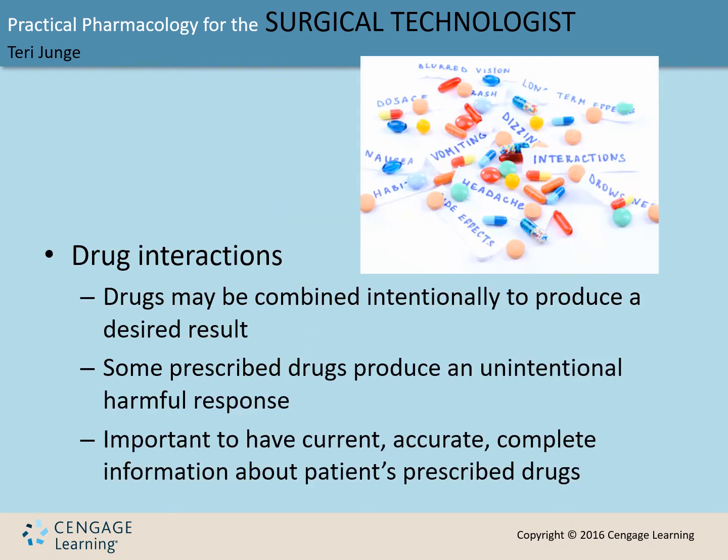Now, moving on to drug interactions. When two or more drugs are combined, they interact with each other, and many times more than one drug is given simultaneously to produce a desired result.